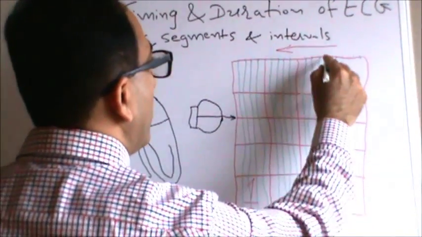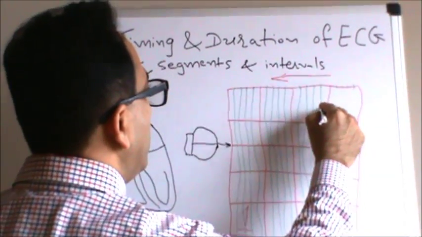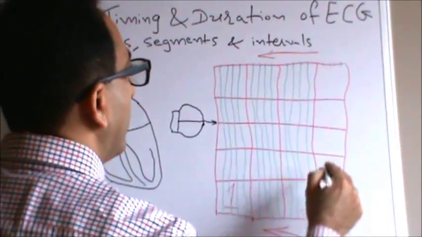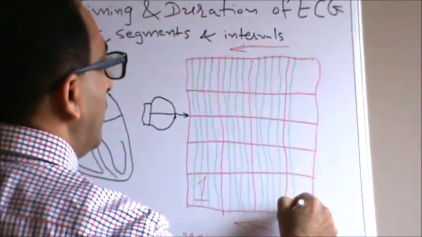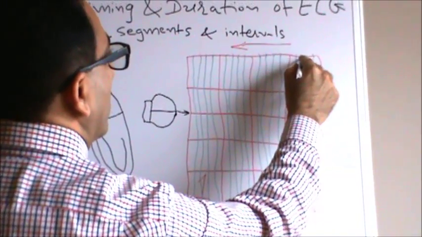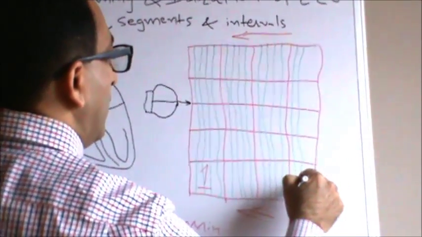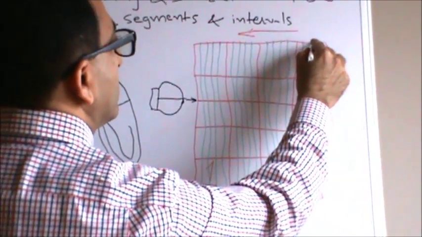So you will have within the big square such small horizontal as well as vertical lines like this.